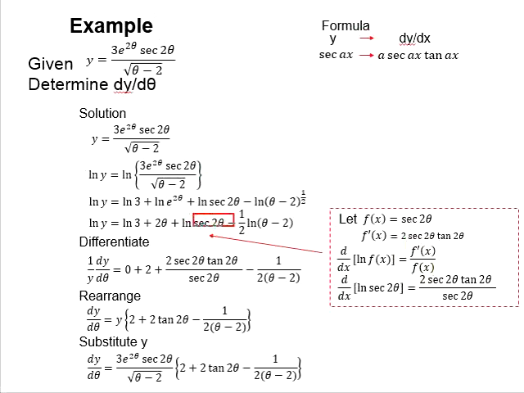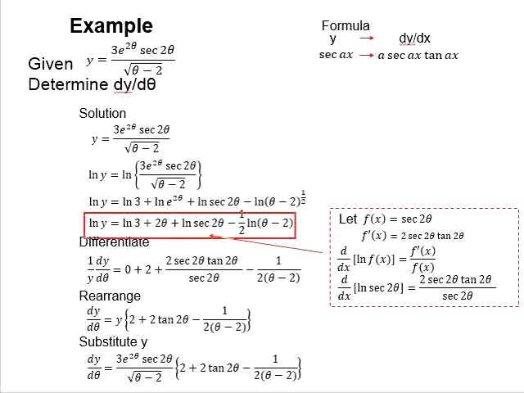The f(x) here will be equal to secant 2 theta. The differentiation of it will be equal to 2 secant 2 theta tangent 2 theta. This is obtained from the formula table of the common differentiation functions. With that, you obtain the differentiation of these terms equal to this.